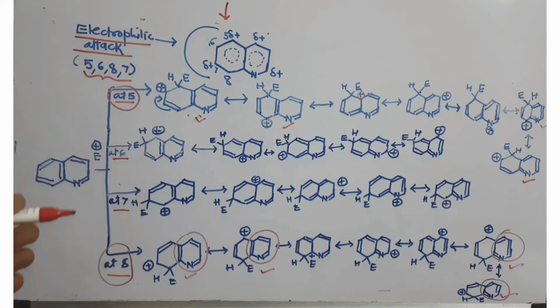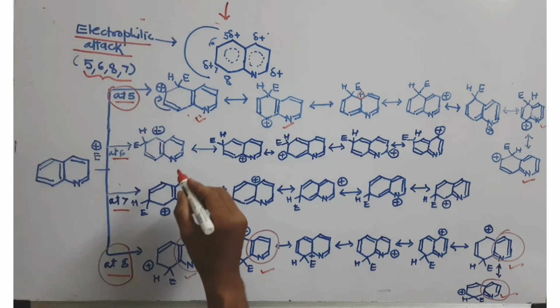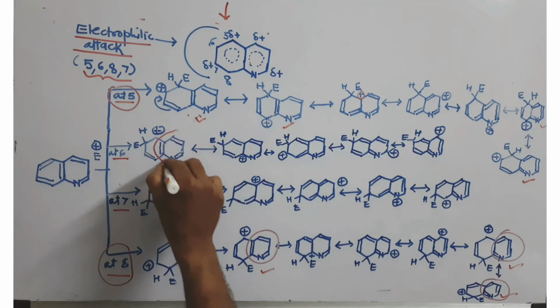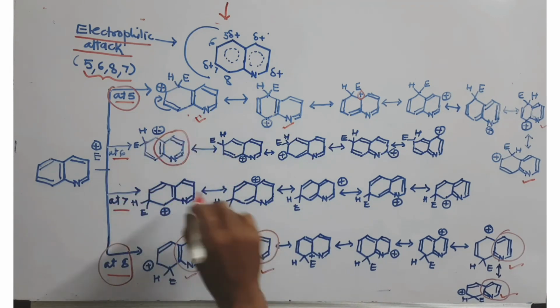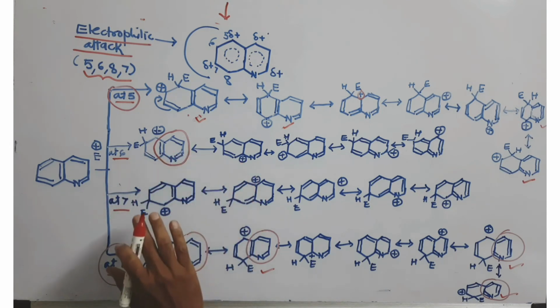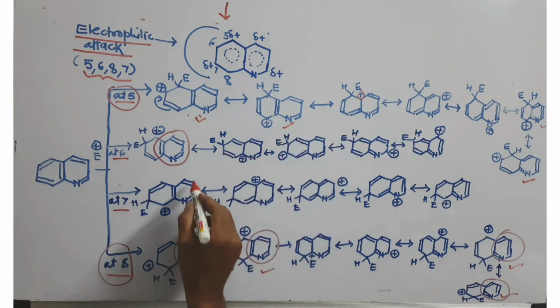But if you consider attack at carbon number 6 and carbon number 7, in how many resonating structures is the pyridine ring intact? I can see only one here, in one structure, and this is again not aromatic.